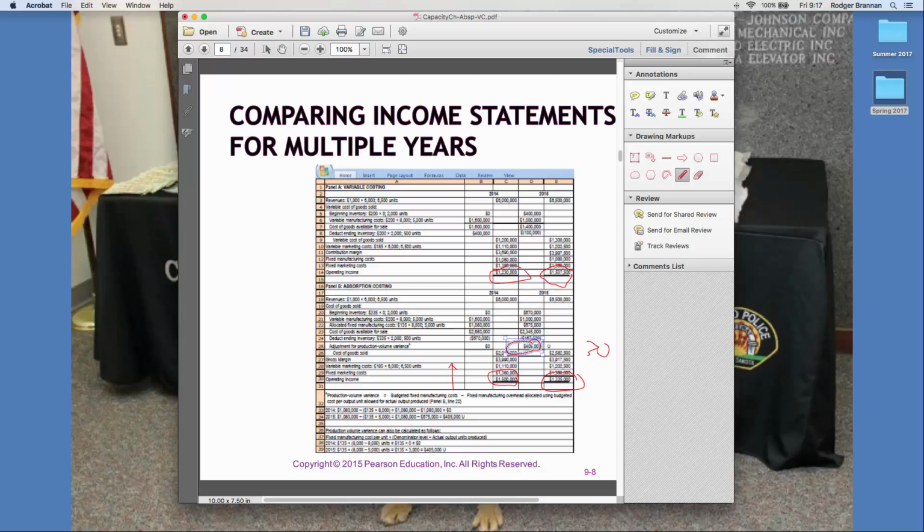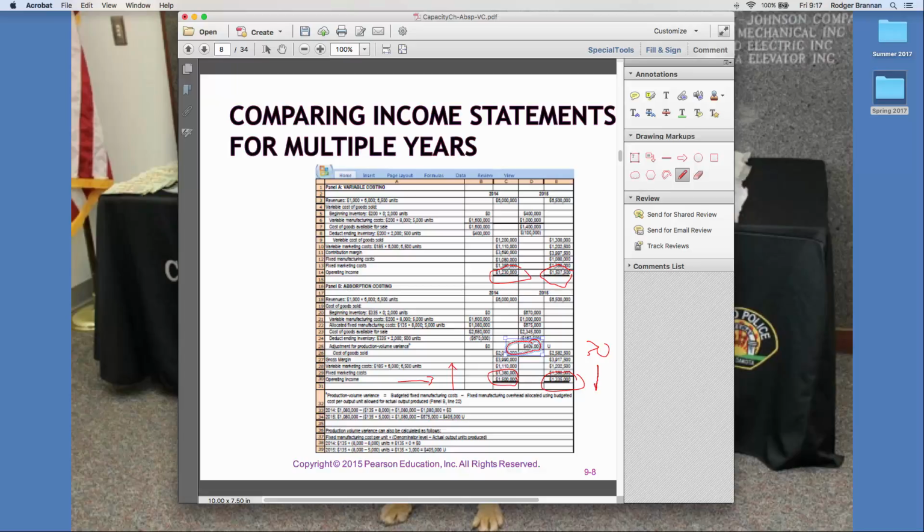But from an income statement point of view, it means that when inventory levels increase from the beginning of the year to the end of the year, and let's just make our comparison based on absorption costing, it means that if inventory levels go up, absorption costing will have more operating income than does variable costing. Why? Because I'm holding back some of the inventory. It's not all being recognized as an expense like it was under variable costing.